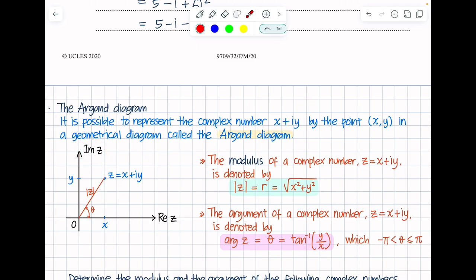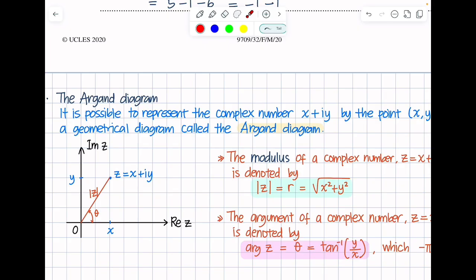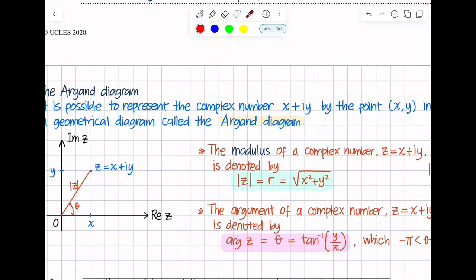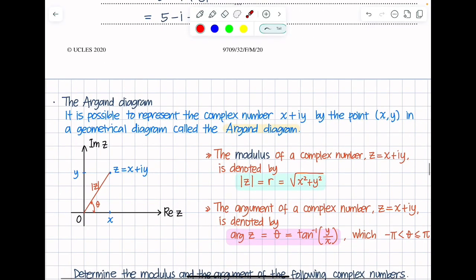So let's say x is positive, y is positive. So we can state the coordinates of the complex number denoted by z. The modulus of a complex number is denoted by modulus z or r.